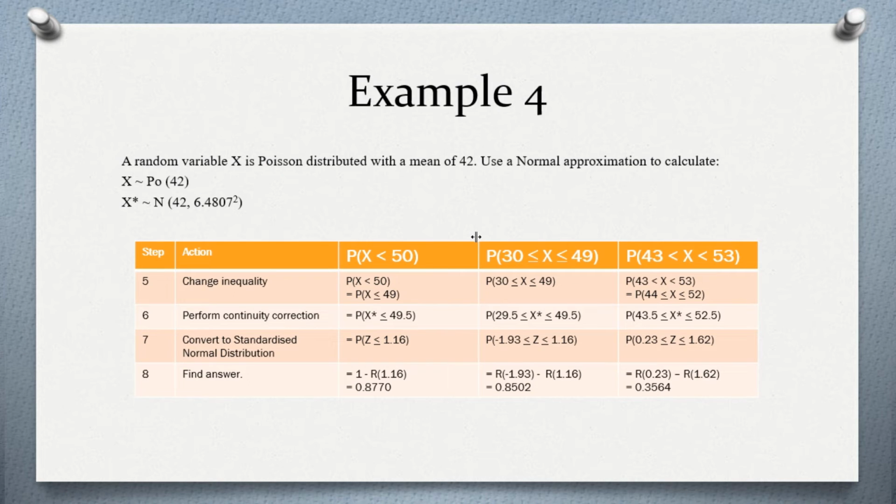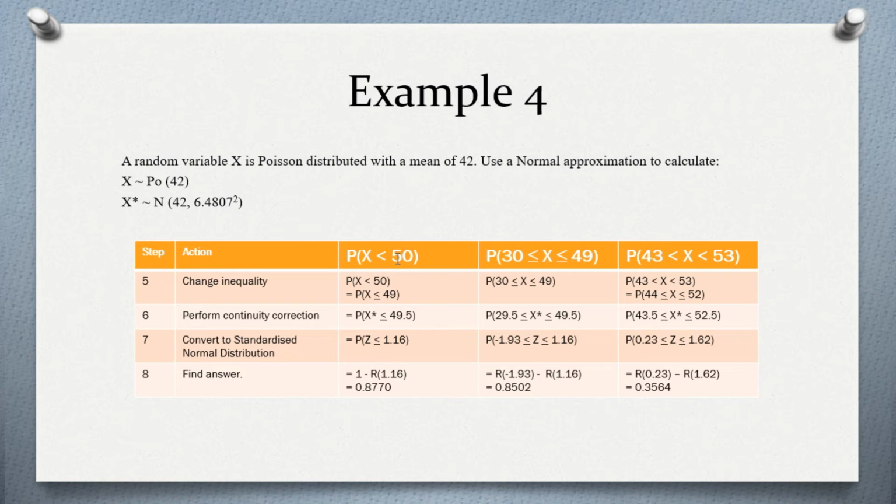Next one, Poisson distribution. So for Poisson distribution, your mean will be the lambda here, 42. So when you change it into normal distribution, your lambda will be your mean. How to find standard deviation? Square root of lambda. So if you square root 42, you will get this. Write it in 4 decimal places.